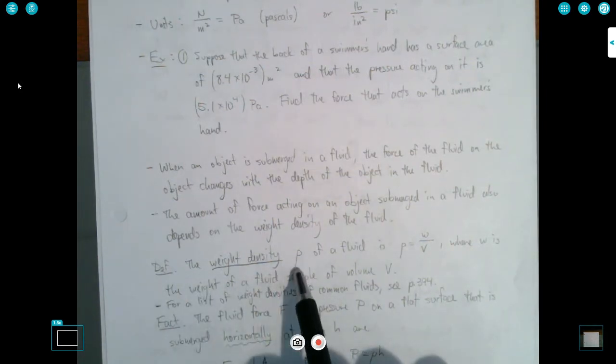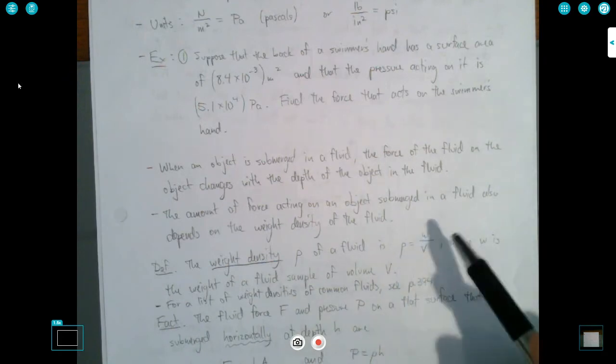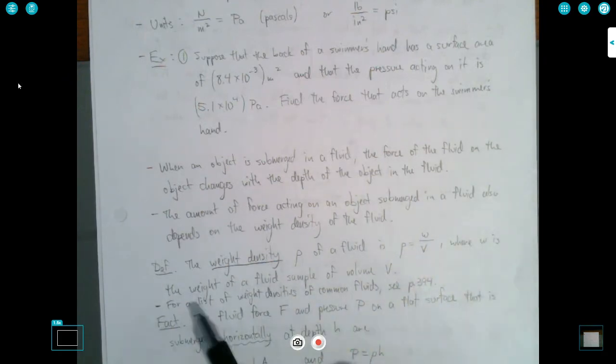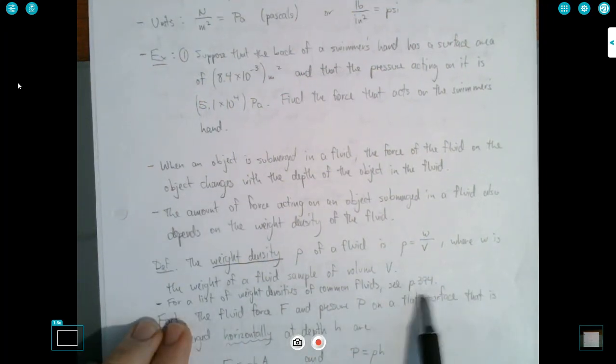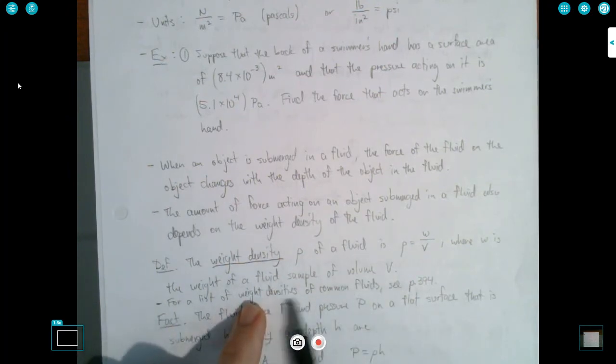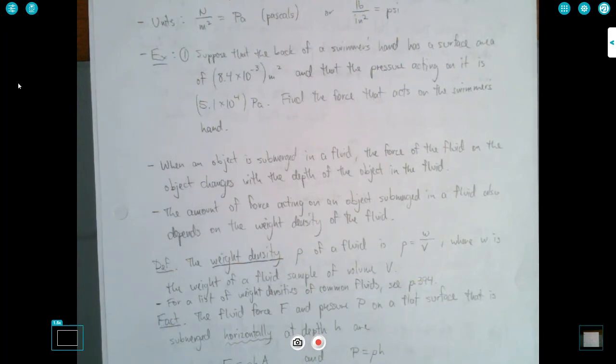So the weight density rho of a fluid is rho equals W over V, where W is the weight of a fluid sample of volume V. And your book on page 394 has a list of the weight densities of some common fluids, so that page might come in handy for you. So just be aware of that. On page 394, as you're going through some of these problems, you might have to look up the weight densities depending on the fluid that you're working with.